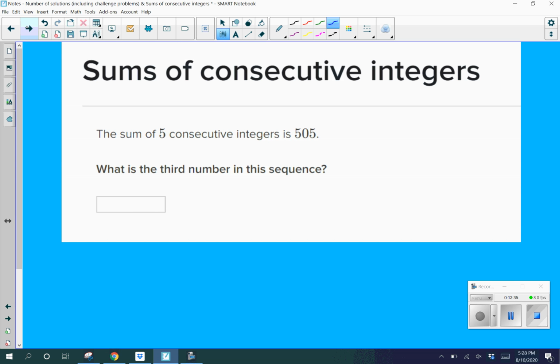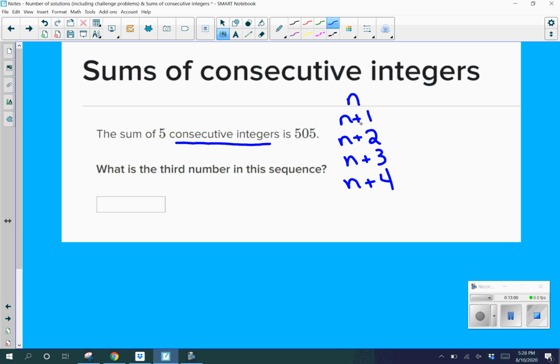So it says the sum of 5 consecutive integers is 505. What is the third number in this sequence? So we're going to say that n is the first, which means the next ones would be n plus 1, n plus 2, n plus 3, and n plus 4.